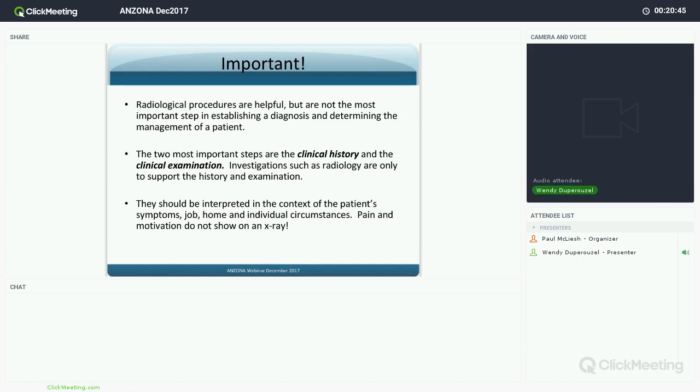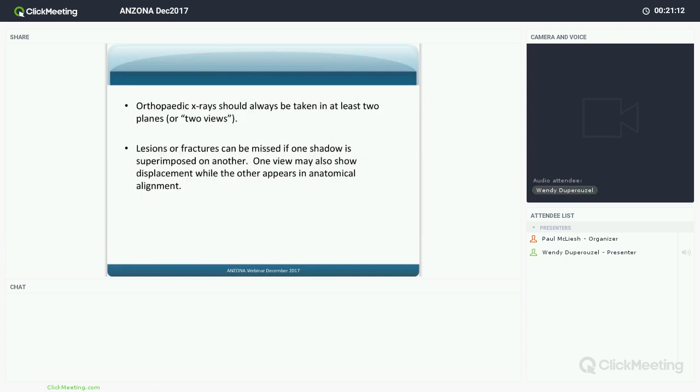We can't make decisions just on looking at radiological findings. What we need to do is look at the patient as a whole and come up with a holistic plan for that patient. Things like pain and also motivation do not show up on an X-ray, and they are going to have a very, very big part in our decision making on the management and also how well that patient is going to go post their fracture.